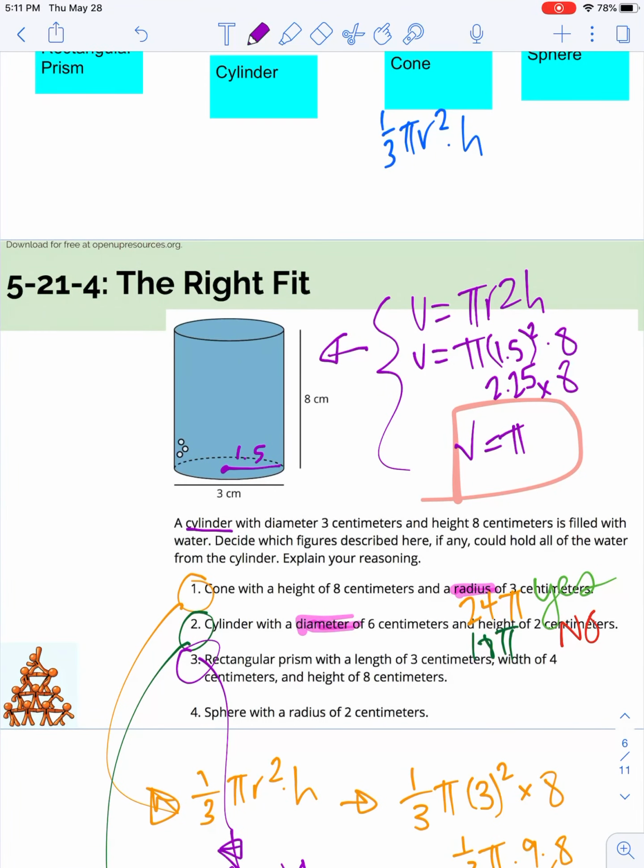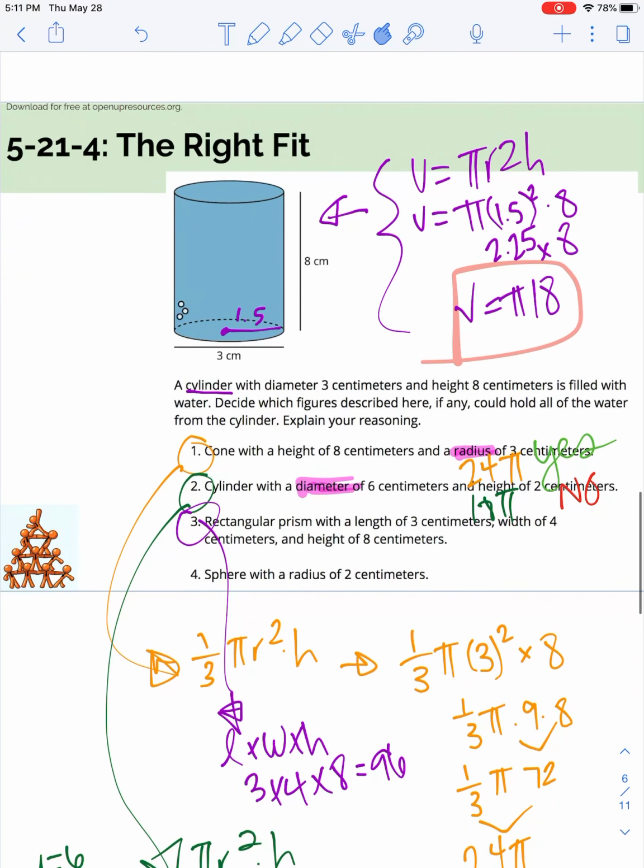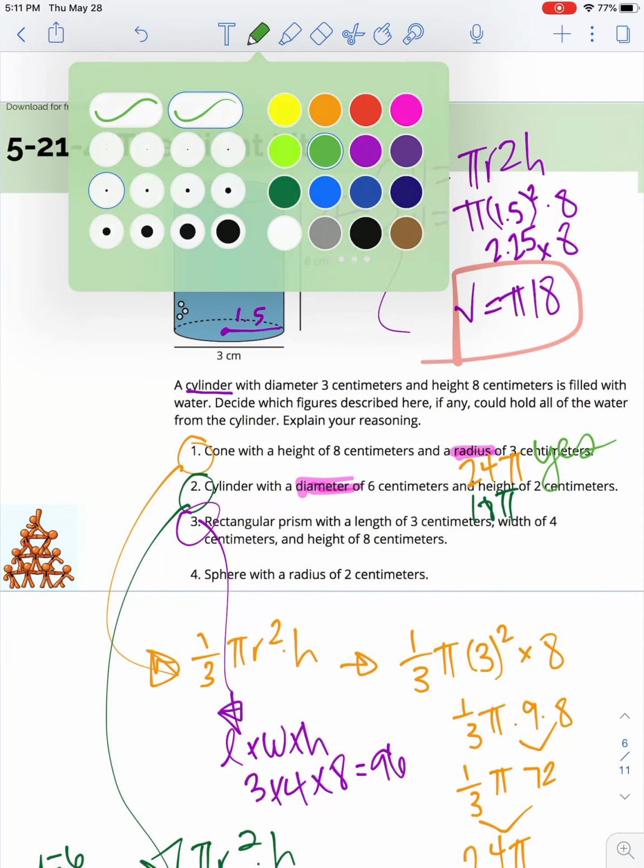Ha! I had a feeling it was going to be a more friendly number. So now this changes some things. Okay. So the first one was 24. Yes. The 18 would fit inside the 24, and 18 and 18 are the same thing. So that one would be yes.